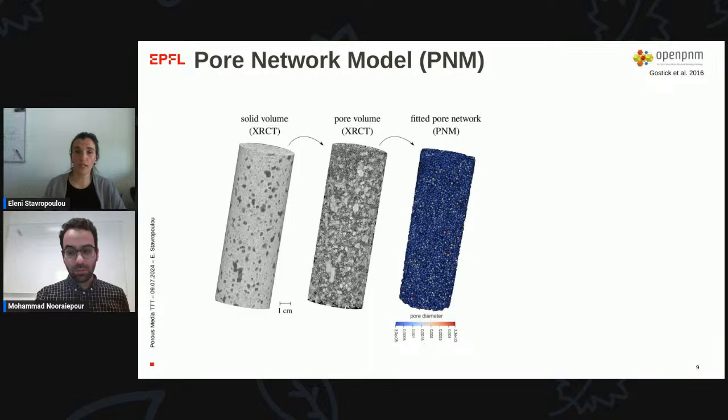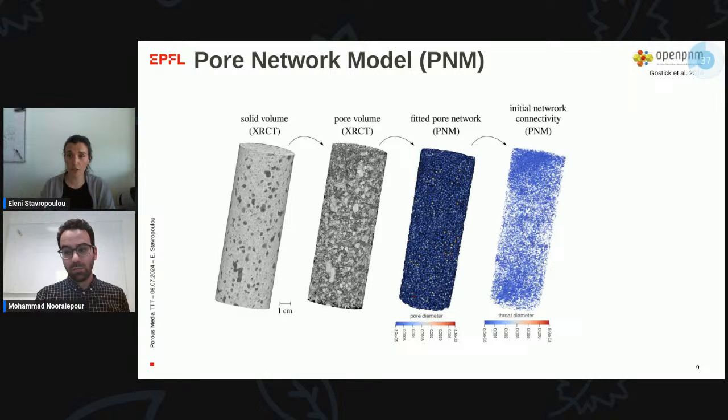To do that, we use the open source OpenPNM software, which uses an algorithm called the SNOW algorithm, but you can find a lot of information online as you wish. So we were able, from our real pore structure from the X-ray image, to fit a pore network.